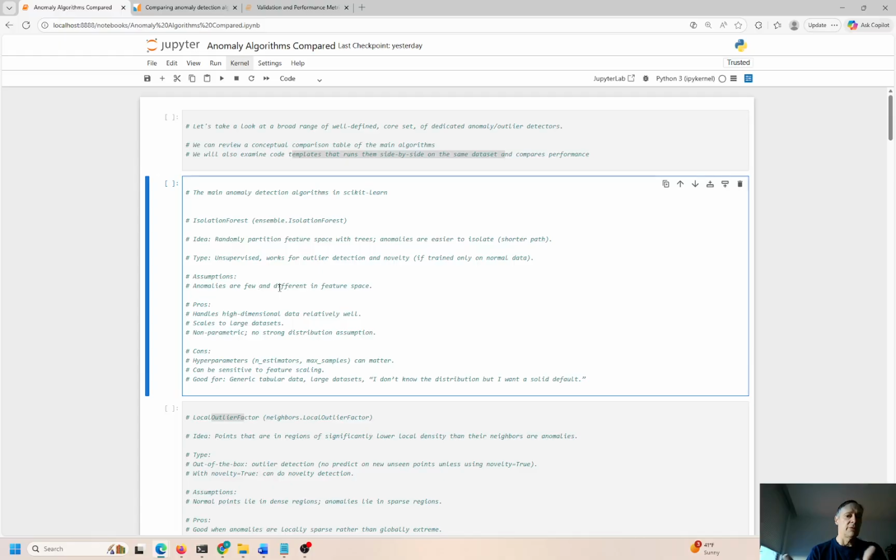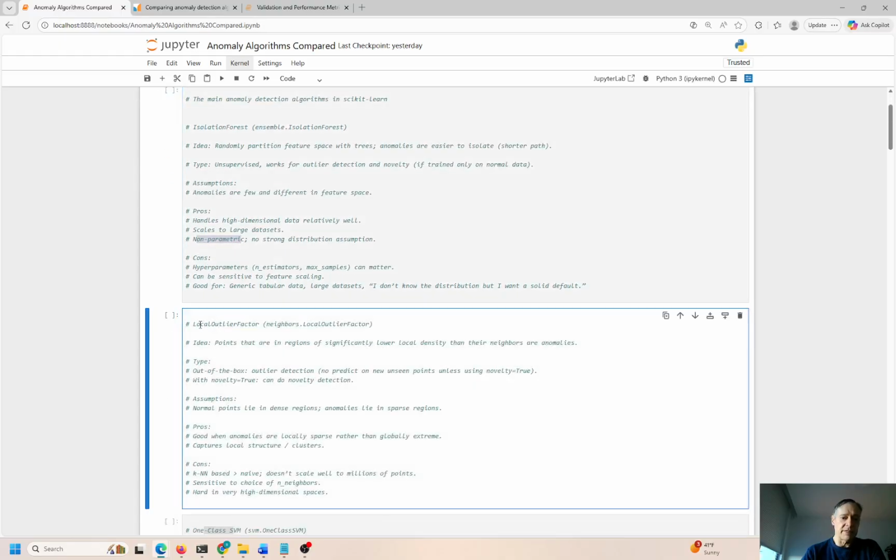You don't tell it what it should know and how accurate it should try to make predictions compared to what the actual prediction would have been, right? This is unsupervised, so you don't know what the outcome is. The algorithm tells you what it is, okay? So the assumptions here, anomalies are different in different feature spaces, handles high dimensional data, non-parametric.